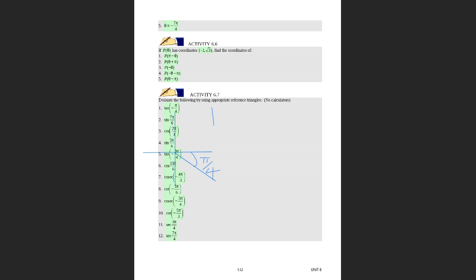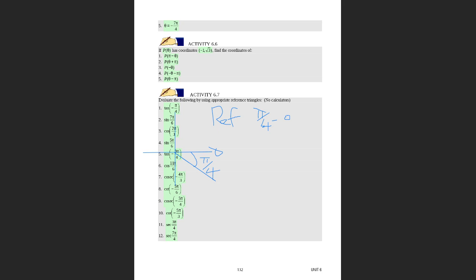So the reference angle is going to be pi over 4 minus 0, the closest x axis, because here is 0.